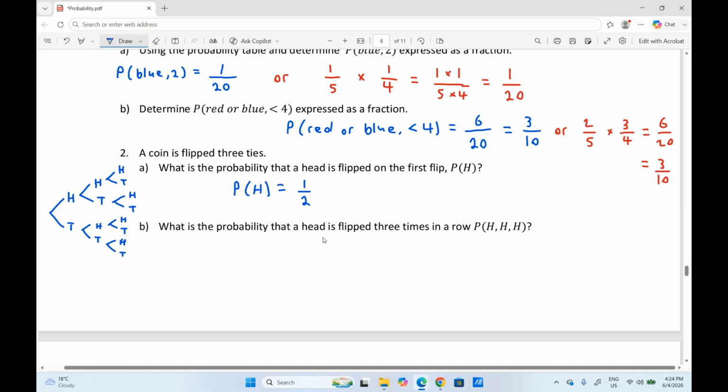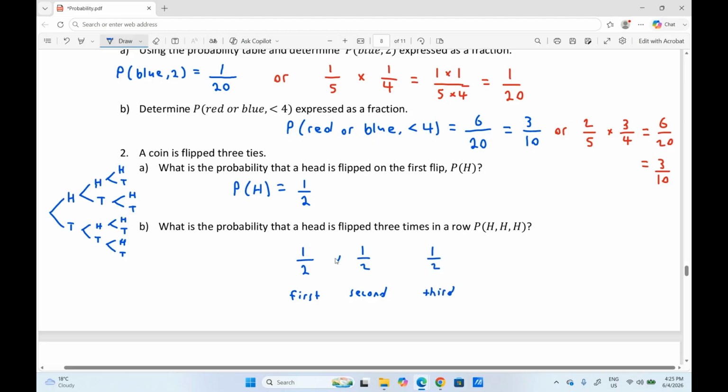Now, if you want to solve this the fraction way, what you can do is find the probability of landing on heads the first time. That's 1/2. What's the probability of landing on heads the second time? Also 1/2, right? And what's the probability of getting heads again? Also 1/2.